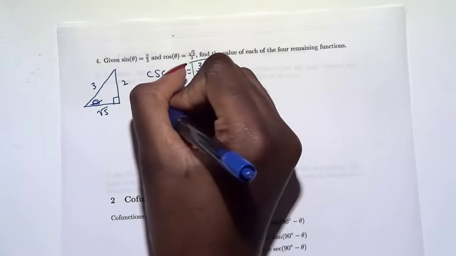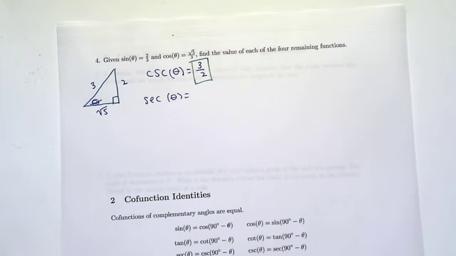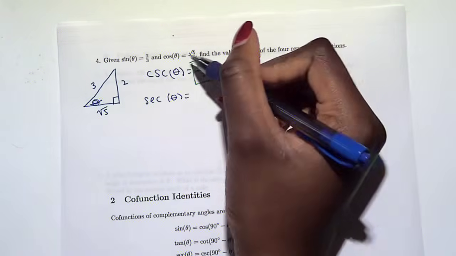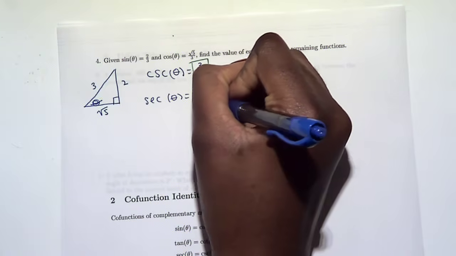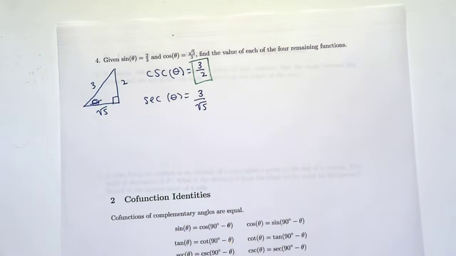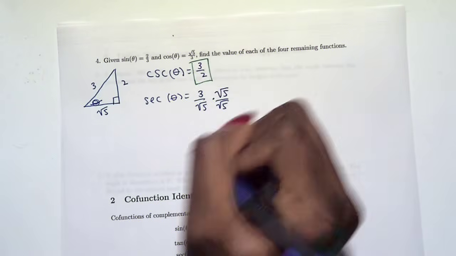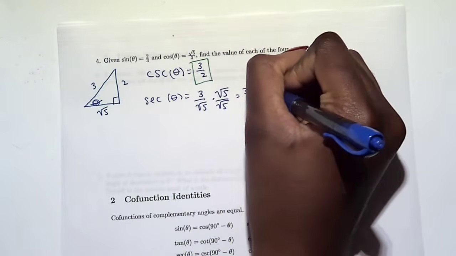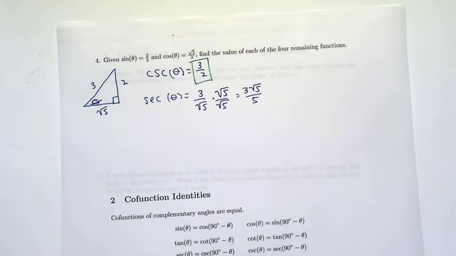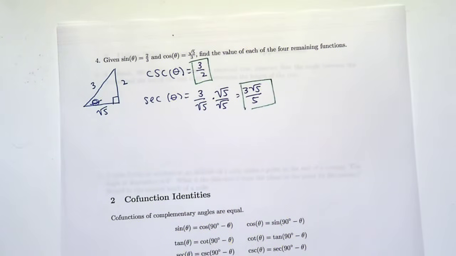And so secant theta is the reciprocal of cosine theta. So 3 over root 5. I should probably rationalize this denominator, so I'm going to multiply the top and the bottom by √5. So we get 3√5/5 for secant theta.